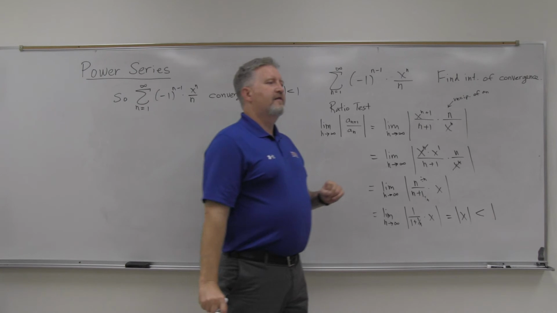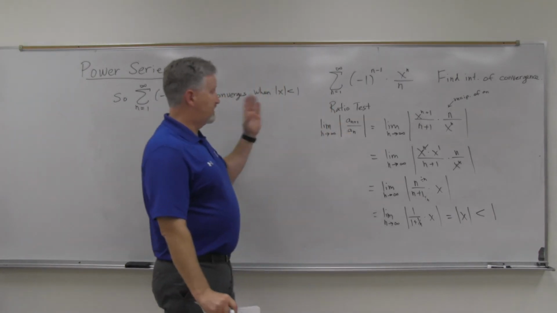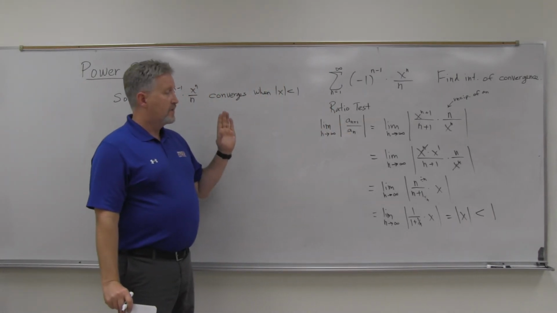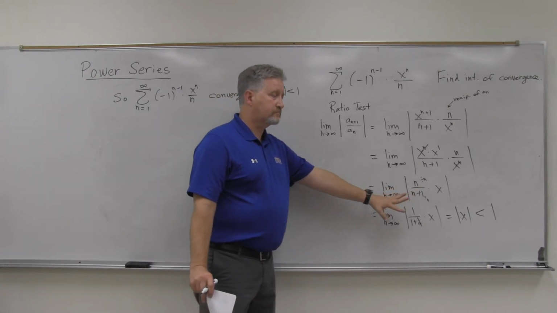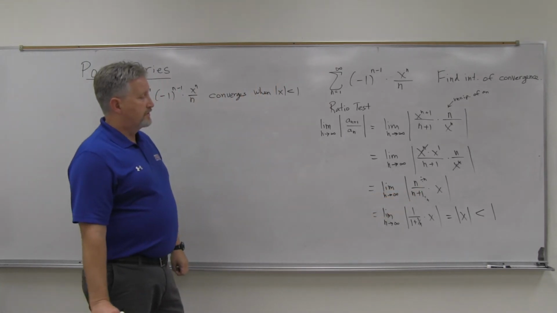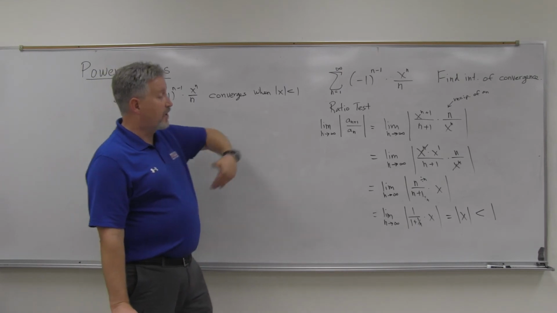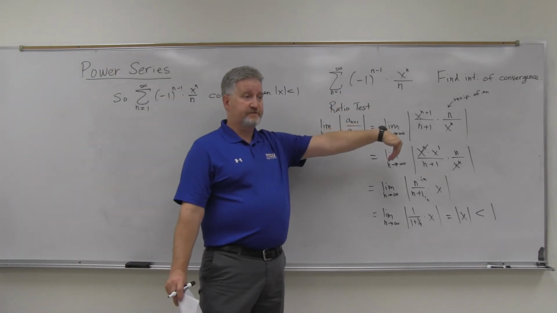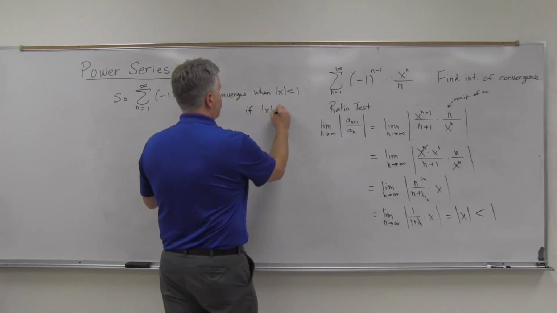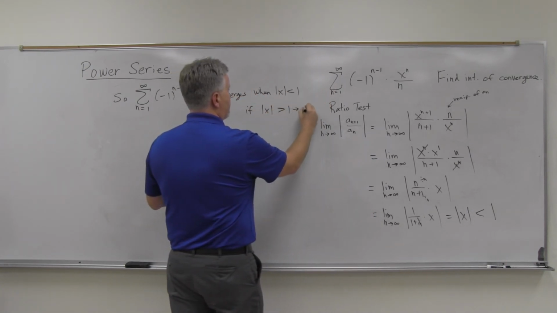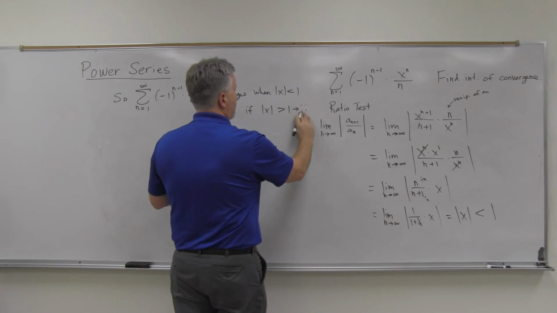Now here's why that's not necessarily all there is to it. The other part of the ratio test: if it's greater than 1, it diverges. So if that's greater than 1, then our series diverges.